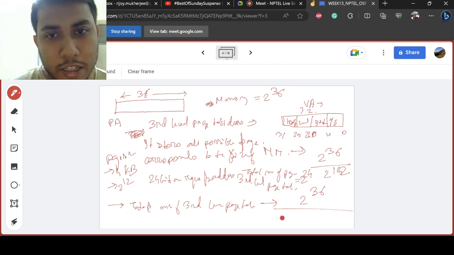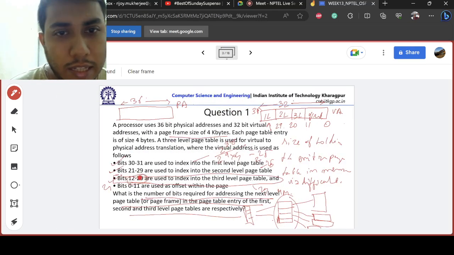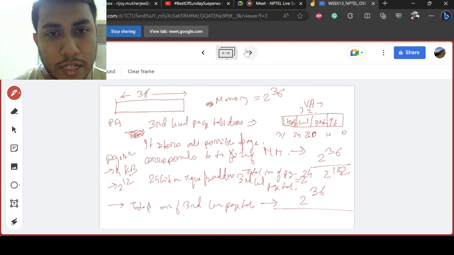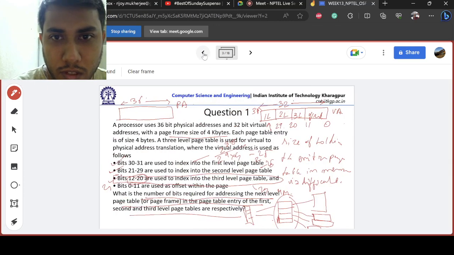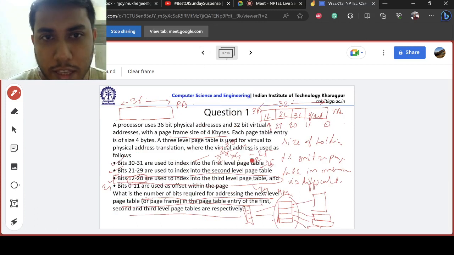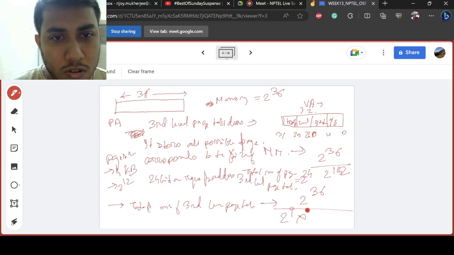Each page table has 2 to the power of 9 entries, and the size of each page table entry is given as 4 bytes.